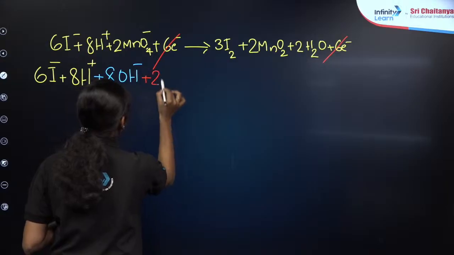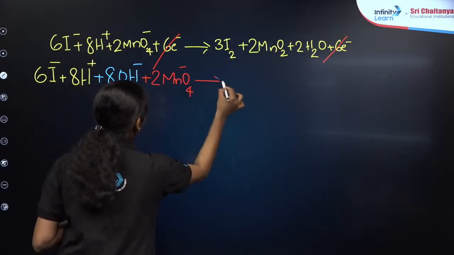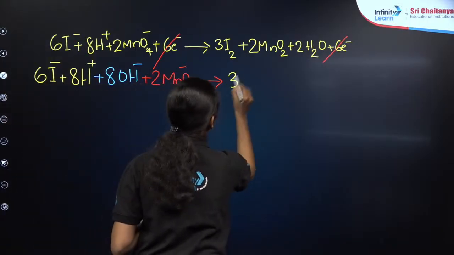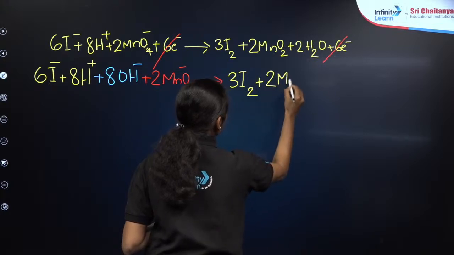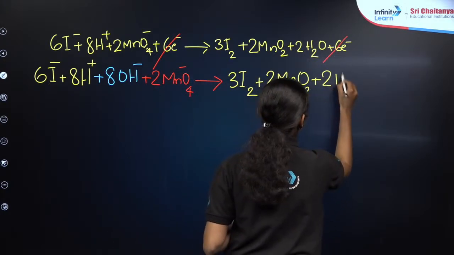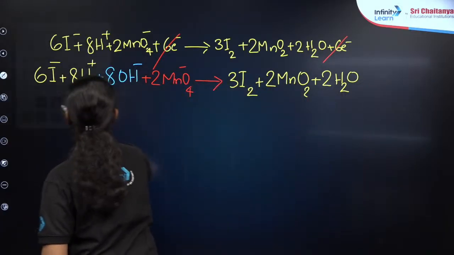Plus 2MnO4 minus gives 3I2 plus 2MnO2 plus 4H2O plus 8OH minus, right?